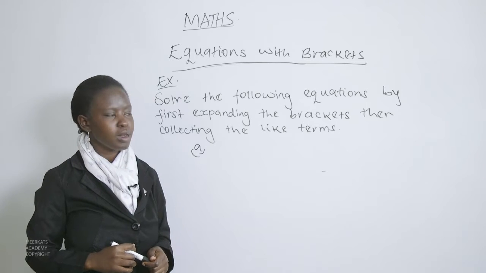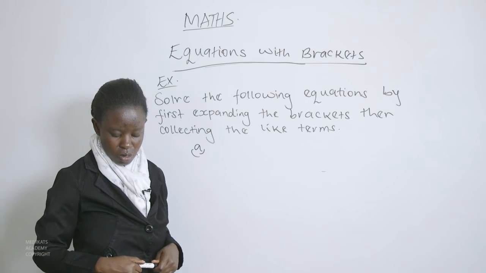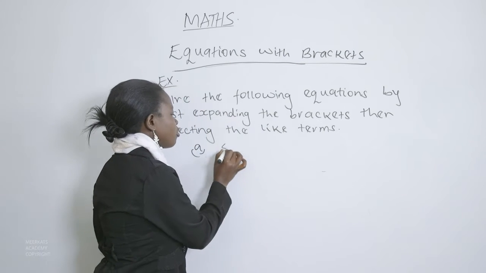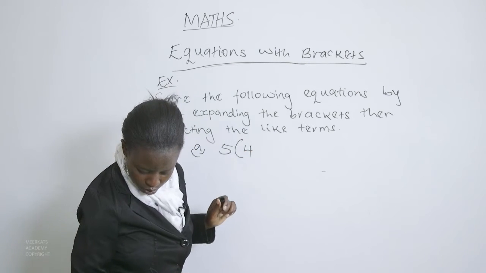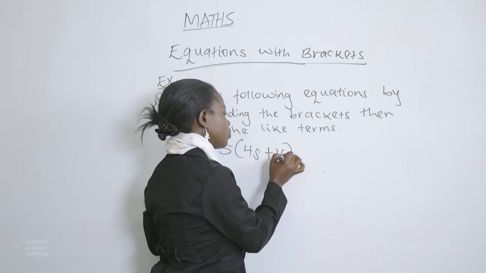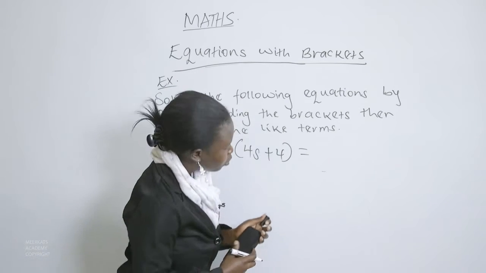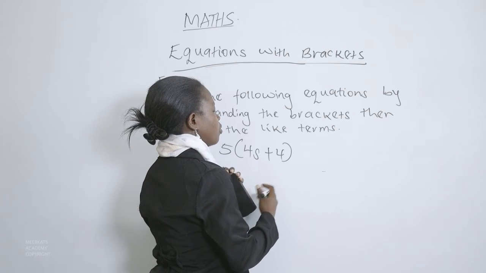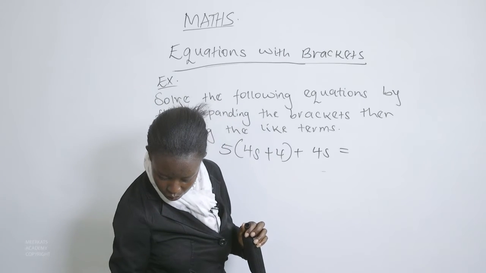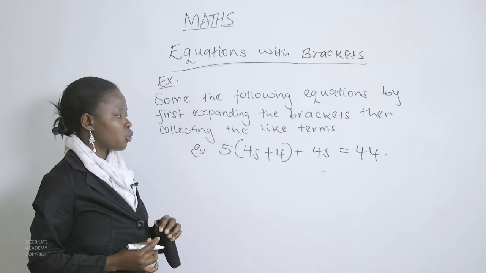Then after expanding the brackets, we collect the like terms, then get the solution to the given equation. An example we have is 5 into 4s plus 4, then plus 4s will be equal to 44. So that is the equation we have.